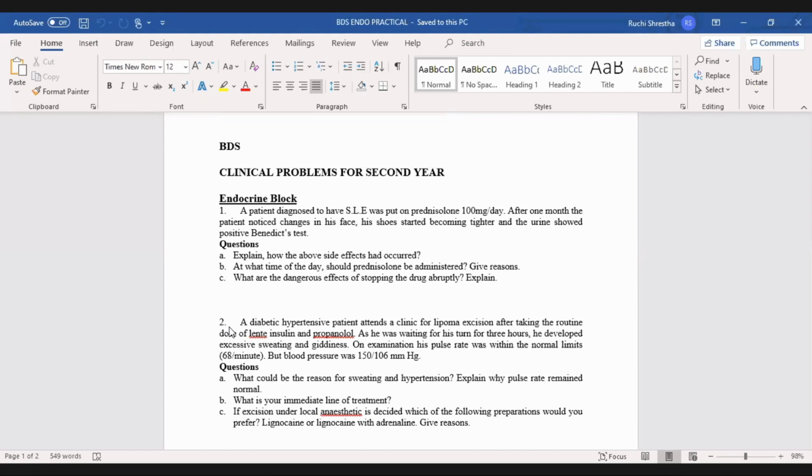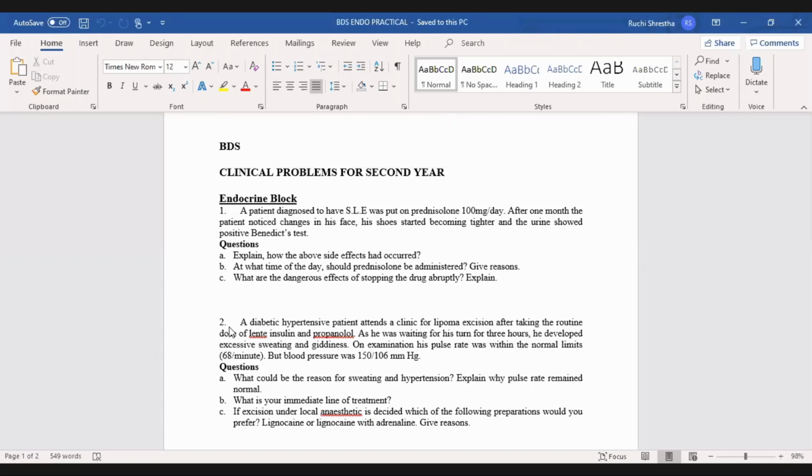Since the patient has taken propranolol, which blocks beta 1 receptors, the pulse rate appears normal here. So since it is able to inhibit the beta mediated increase in heart rate, the pulse rate is normal. But with sympathetic overstimulation, there is increase in blood pressure, there is increase in pulse rate as well.